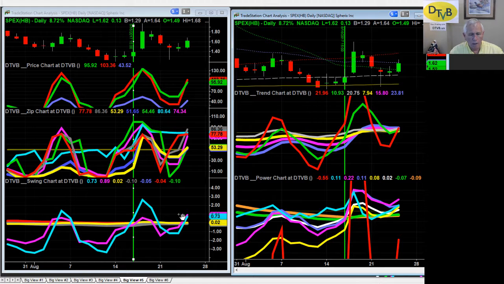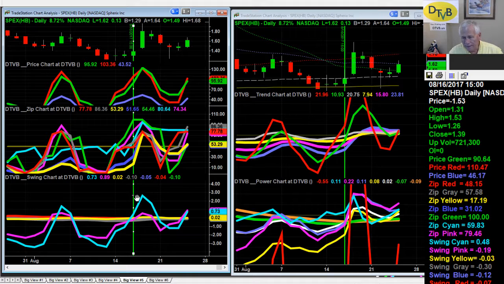We see on this day as well that Zip Zion is at 59.8. It's just about at 60, and that's close enough. We do have Zip Green at 100, and that's encouraging as well. Zip Yellow is low. It's still only at 17, but obviously it's the next day that it crosses 0.